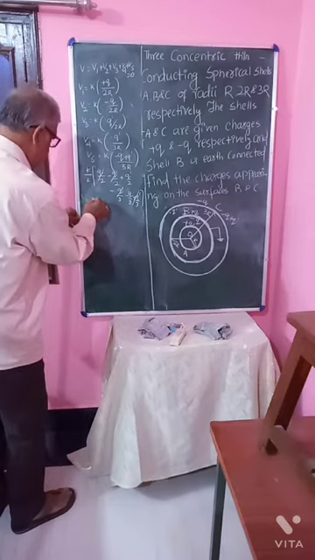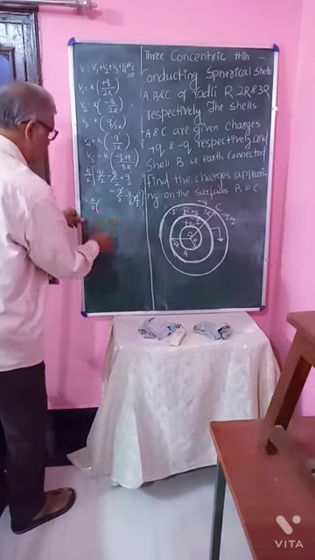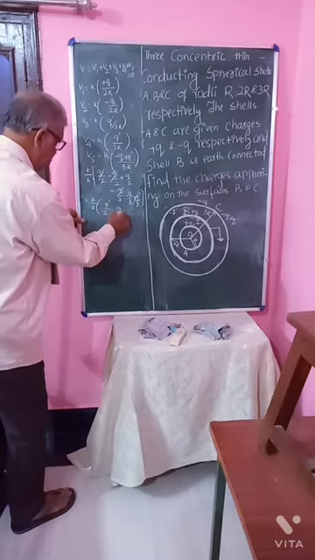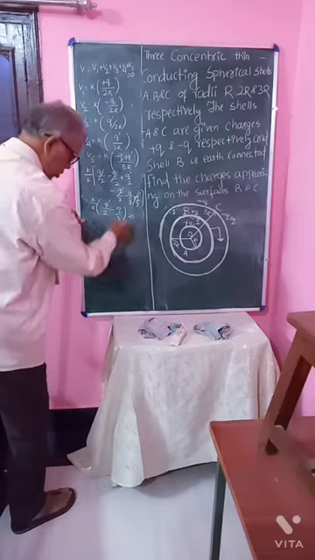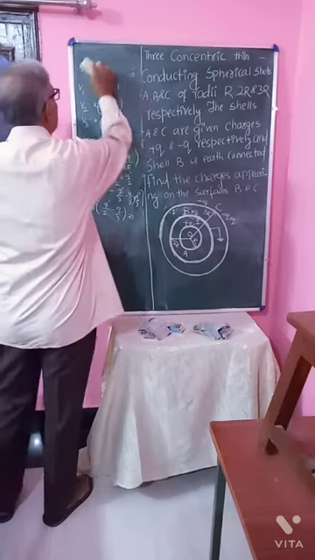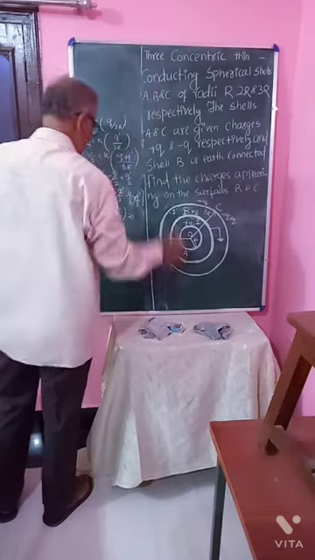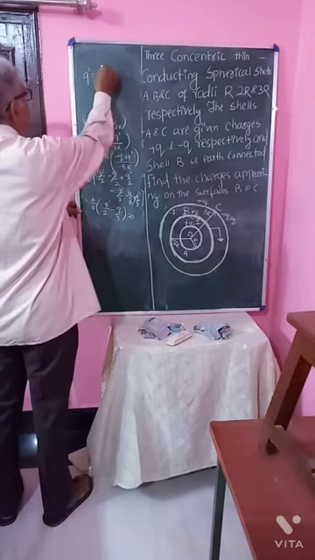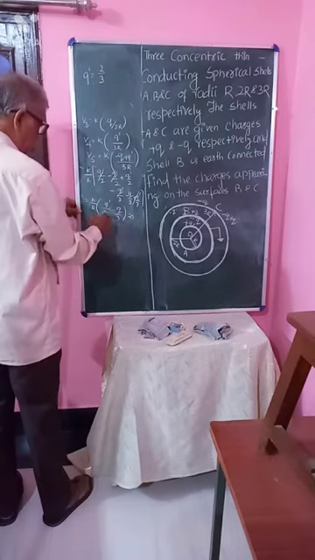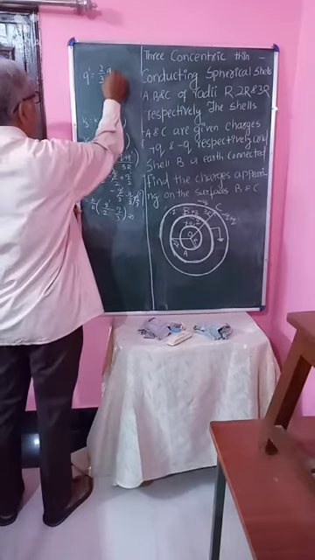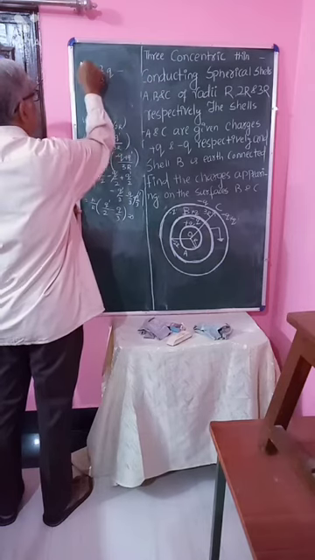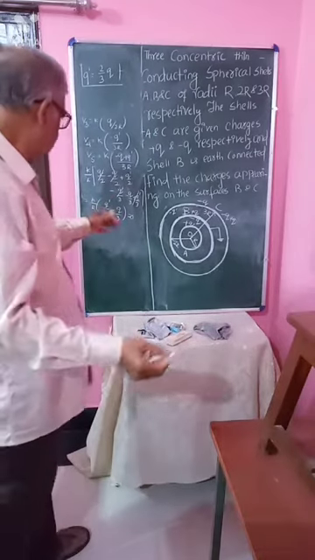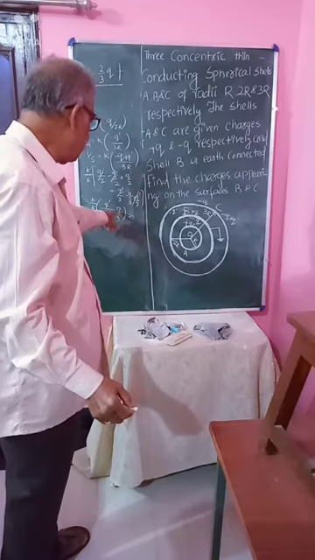So it is equal to K by r times Q dash by 2 minus Q by 3 is equal to 0. Now Q dash equal to 2 by 3 into Q. That is the value of Q dash, Q dash in terms of Q equal to 2/3 of Q.